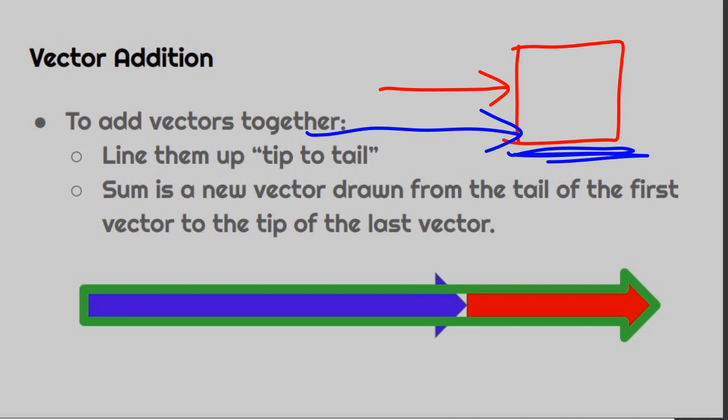So we can add those 2 together, and we use what they call tip to tail. A vector is drawn on top of the other vector. So these were from the last one. Let's say we're going to add those together. Here's the tail and the tip together. And so this would be the amount of force, so to speak. So if this was 9 and this was 3, I get 12. The magnitude is 12 to the right.